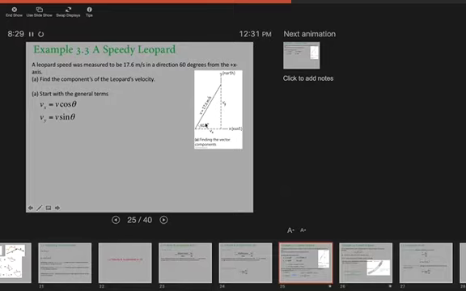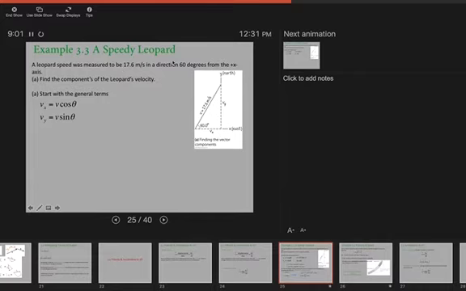Your goal, first, when you see something like this, is to find vx and vy, and after you find vx and vy, your goal will be to write the v vector equal to vx i plus vy j. But what you need to do is find vx and find vy. Now, do you have vx and vy? Of course you don't have them, but you have two very important things: first the speed, and second the angle.